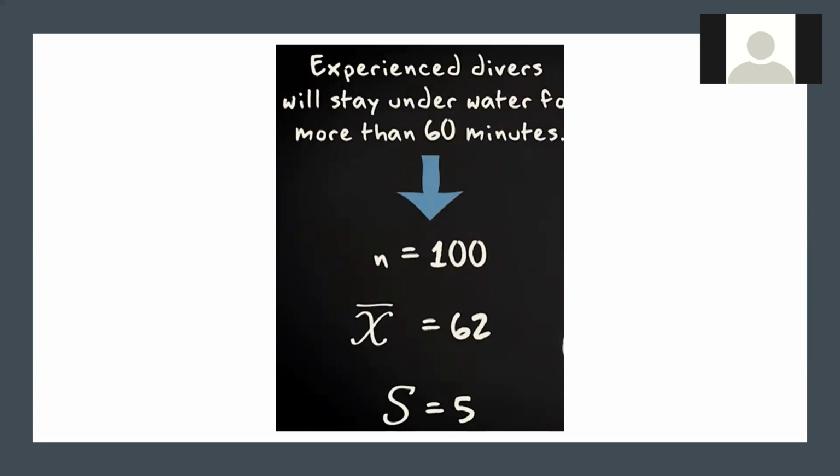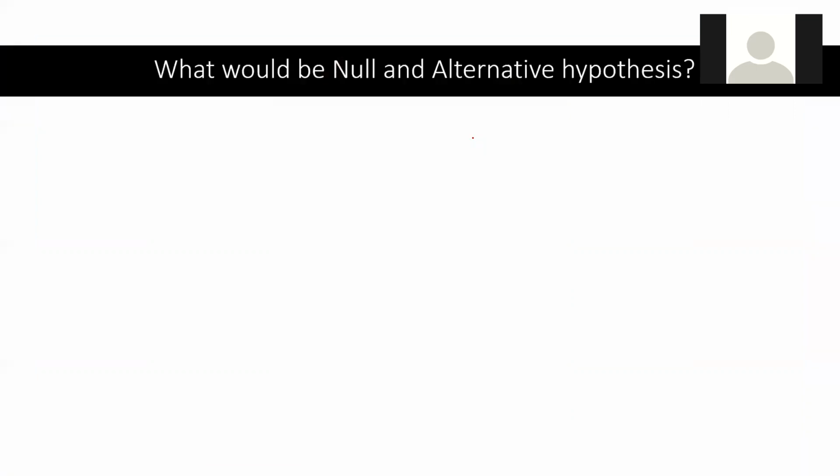We have taken a sample of 100 people, and we say that an experienced diver can stay inside water for 62 minutes, with a standard deviation of 5. So whenever we have a sample mean and a sample size, then we deal with it this way. What would be my null hypothesis in this case?